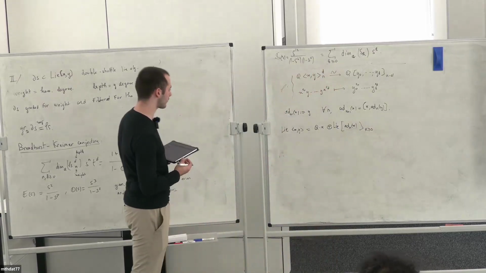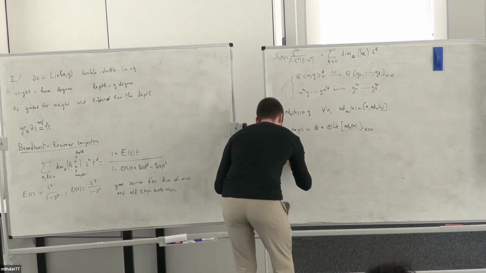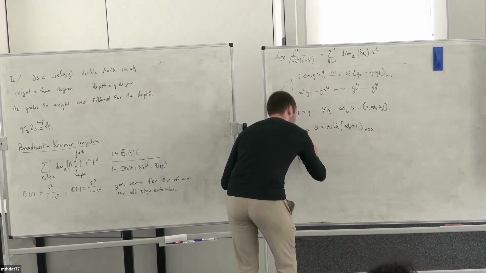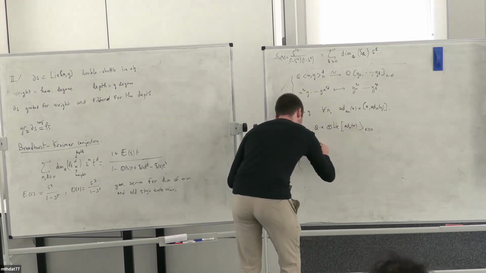Yeah, the Lie algebra. And so the morphism is defined on the Lie algebra generated by this infinite number of polynomials.